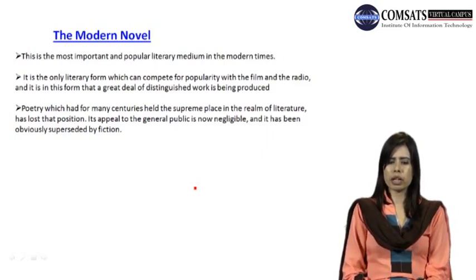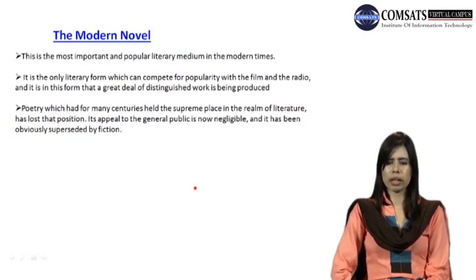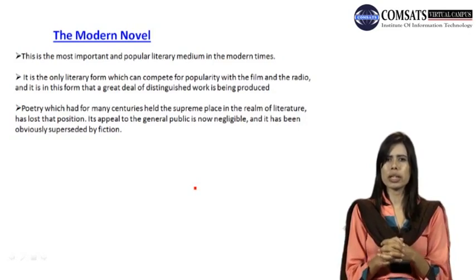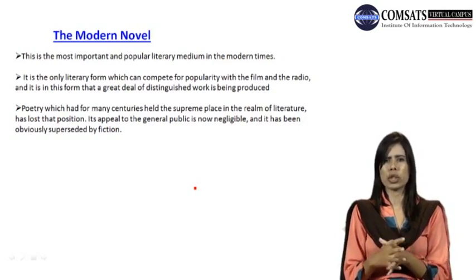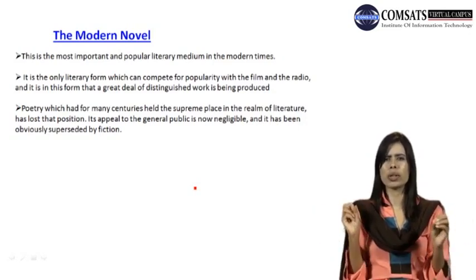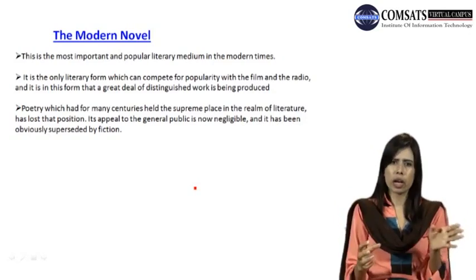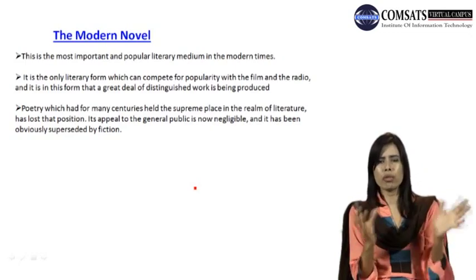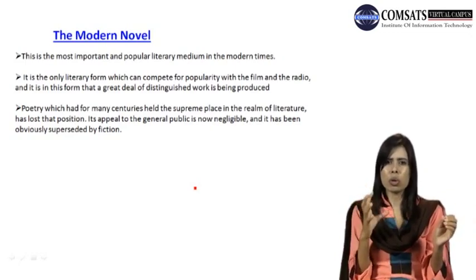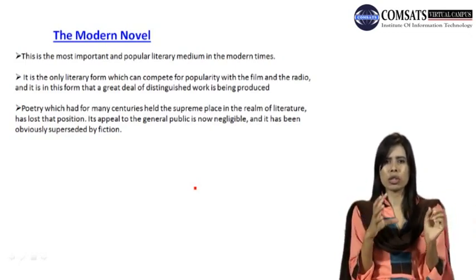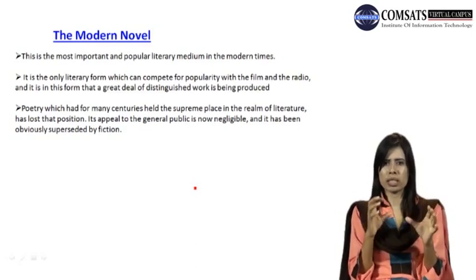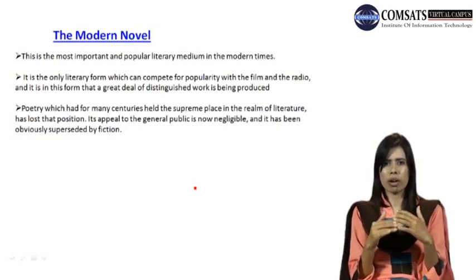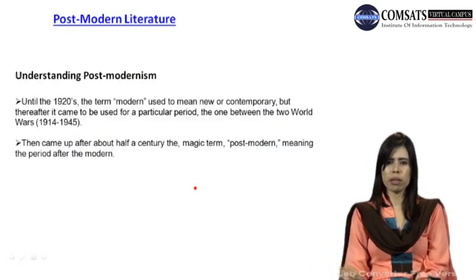Its appeal to the general public is not negligible, but it had obviously been superseded by fiction. This is something everyone can read, written in very direct language, with certain characters and based on a story, so everybody can understand a novel. That is why it took poetry's place in the modern period of literature.